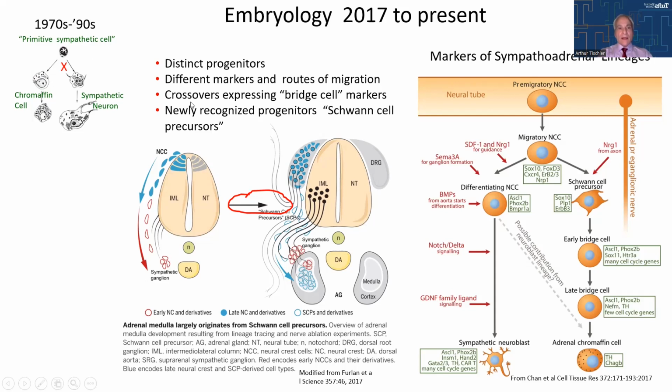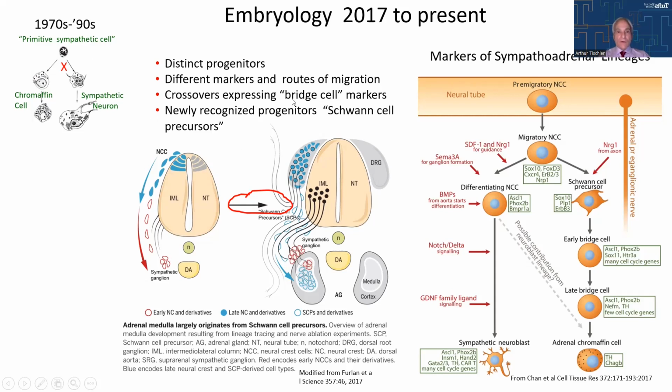And the current understanding resulting from that paper and those that followed it is that the fates of cells derived from the neural crest are largely predetermined, and there are distinct populations of progenitors for neurons and chromaffin cells, characterized by distinct markers and distinct routes of migration.